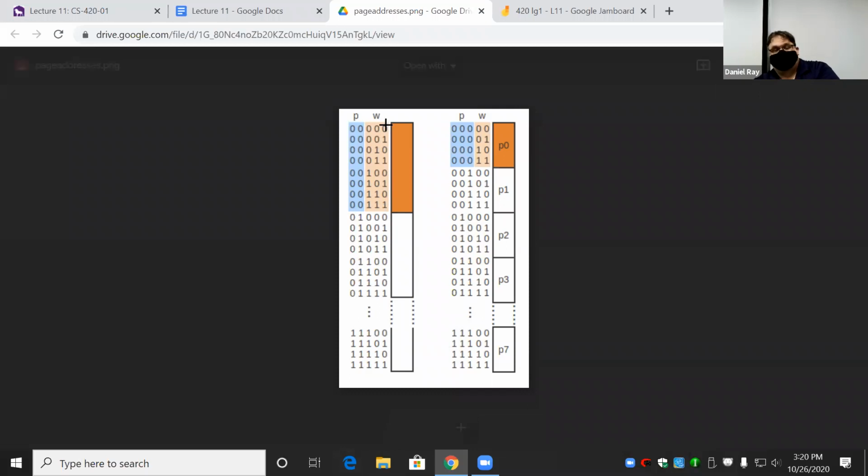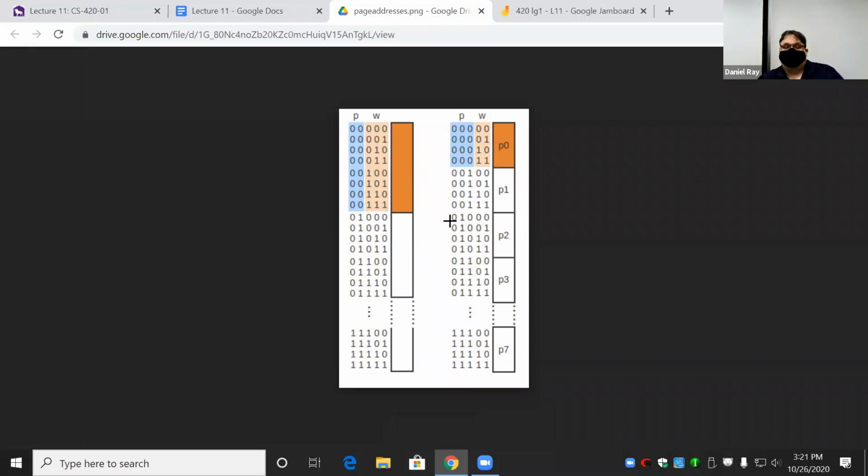So I get the individual word offset in the rightmost, I think I said leftmost before, I meant rightmost 3 bits, and the page number in the remaining 2 leftmost bits, okay? So if the page is 8 words long, then 00 indicates that this is the 0th page, or the first page. And this is the particular address that we're going to, the particular offset.